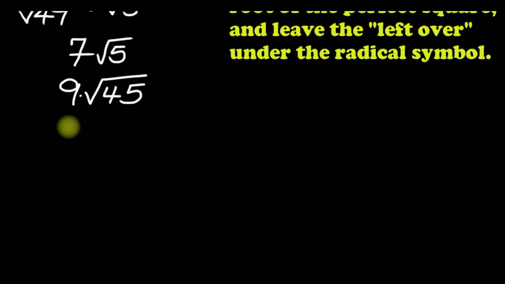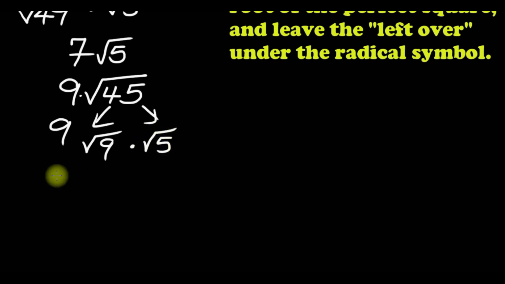How about we do 9 times 5? So we're going to bring down the 9, and then we're going to break this up into square root of 9 times square root of 5.